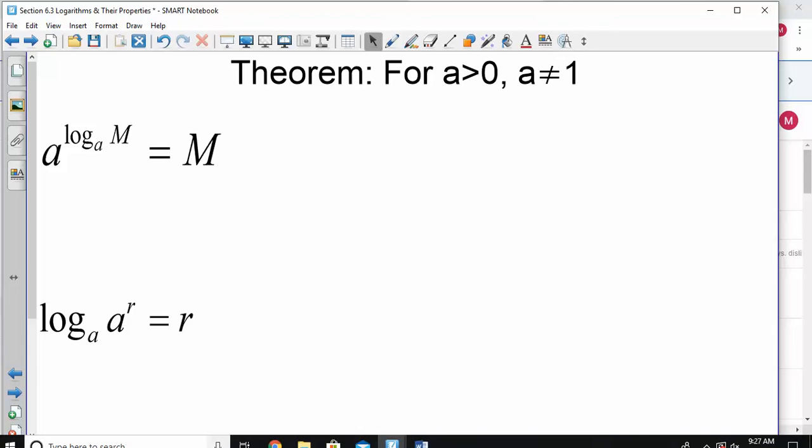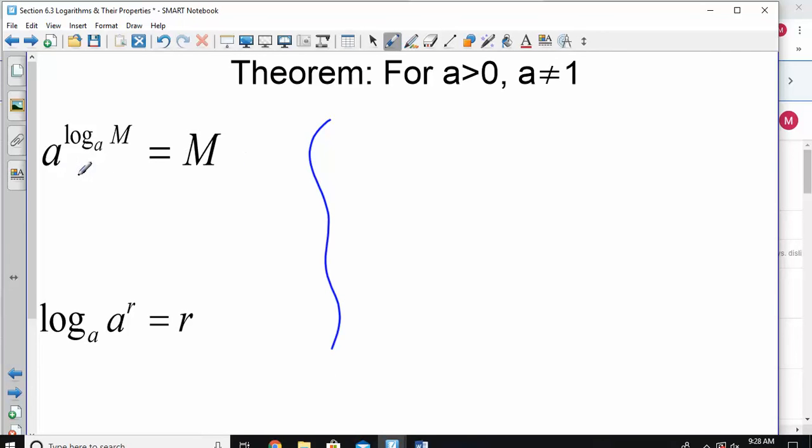Essentially what this tells us is that the exponential and the log cancel each other out. So they're inverses, like we saw in our last section. When things are the total opposites and they undo each other, those are inverses. I can give you a little blurb to kind of explain why this is.